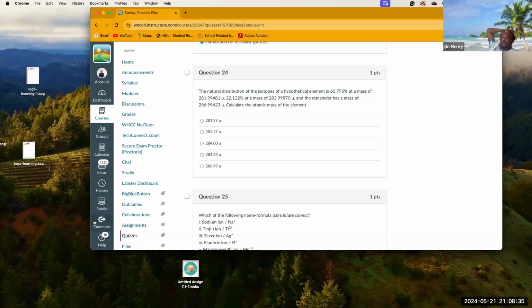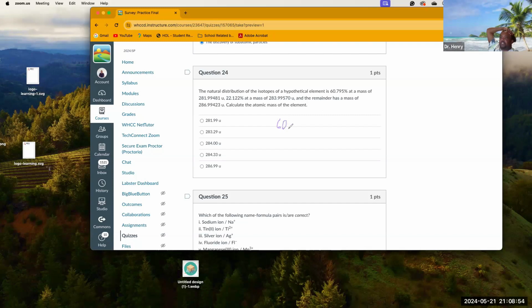Okay. So the way that we'd go about doing this is we're going to take the percentage. We could either make it a decimal or we can leave it as a percentage and then just divide by 100 afterwards.